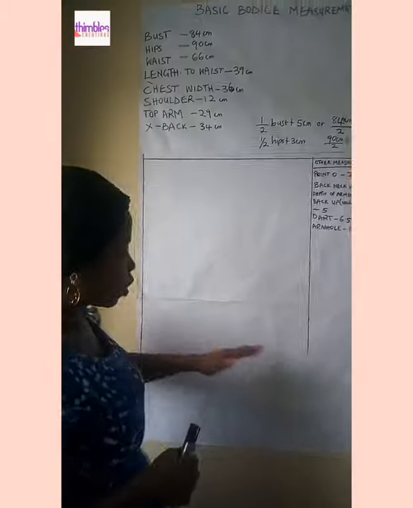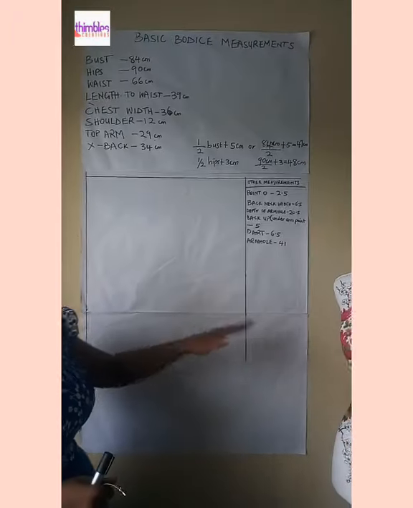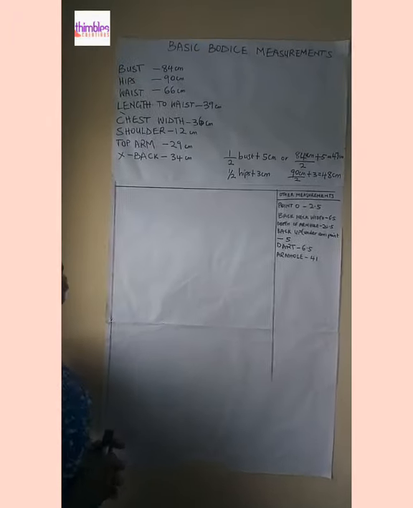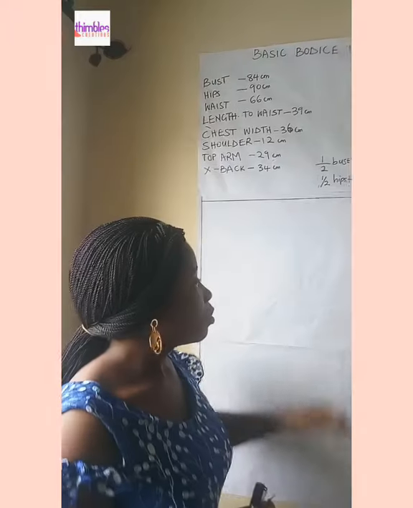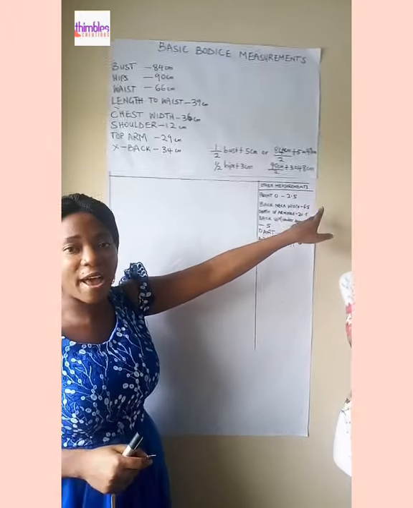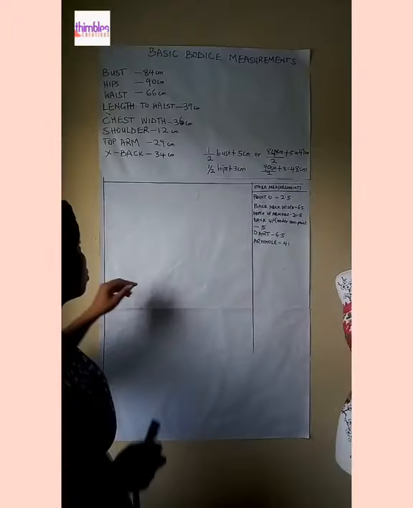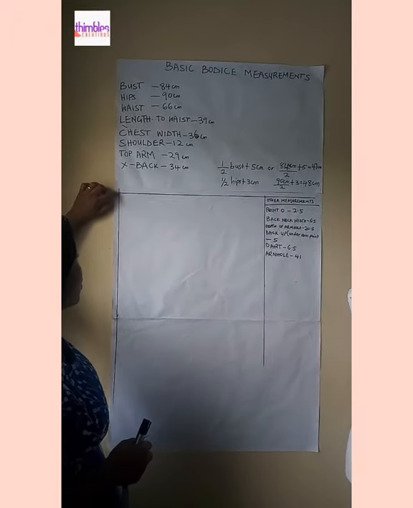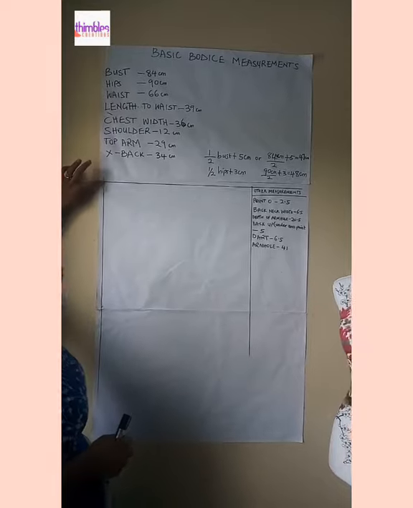This will now close this box. The next thing is, what is my point O? My point O is 2.5.